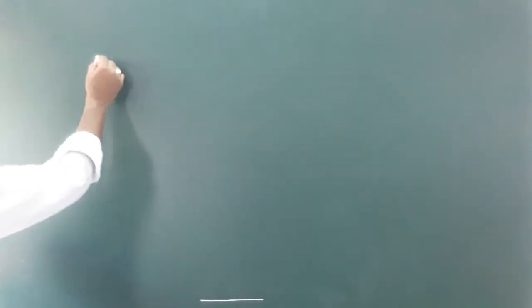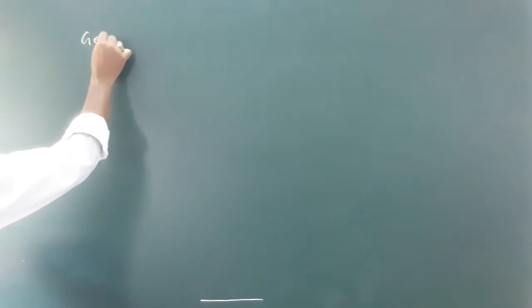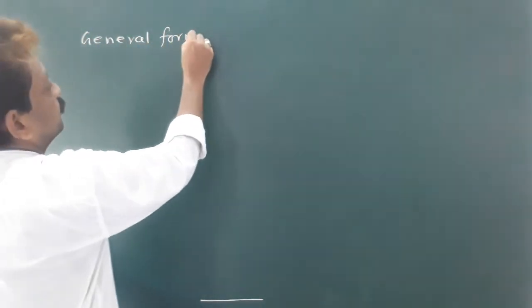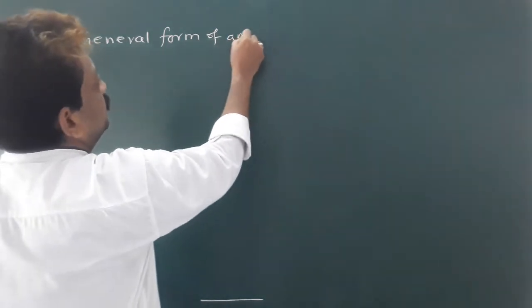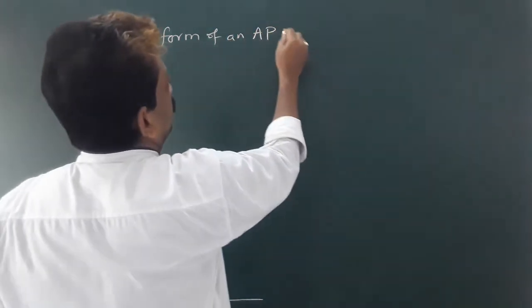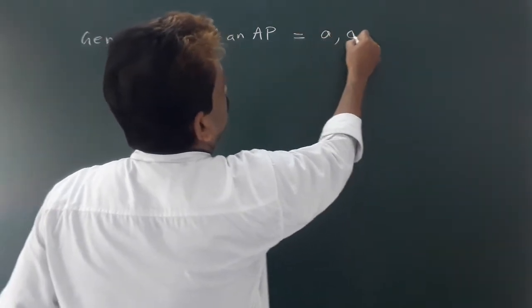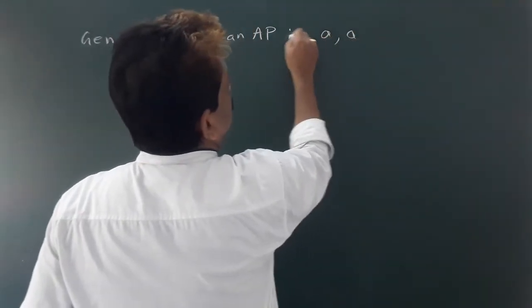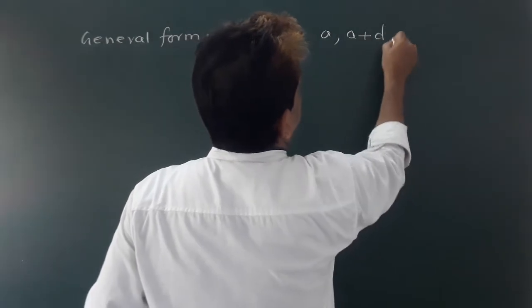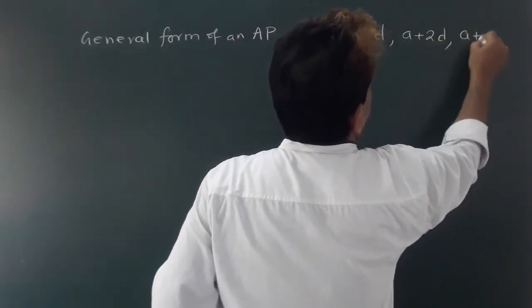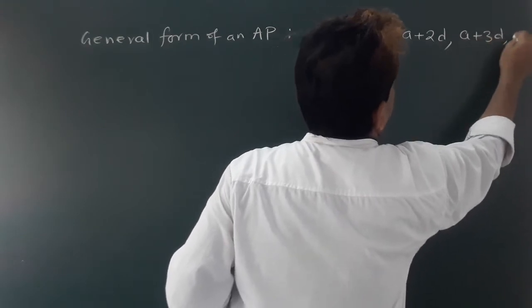So you all know that the general form of an AP is written as a, a plus d, a plus 2d, a plus 3d, and so on.